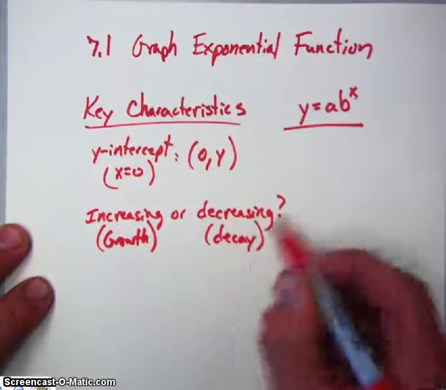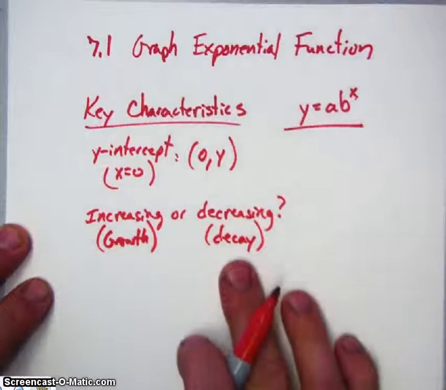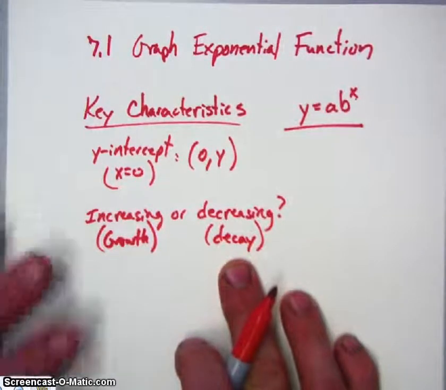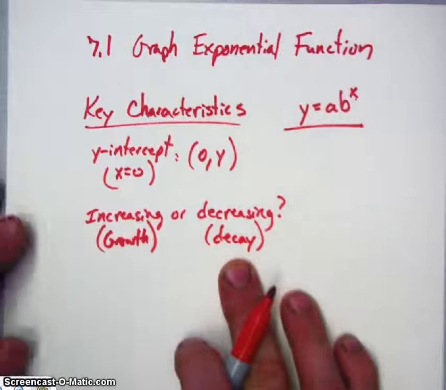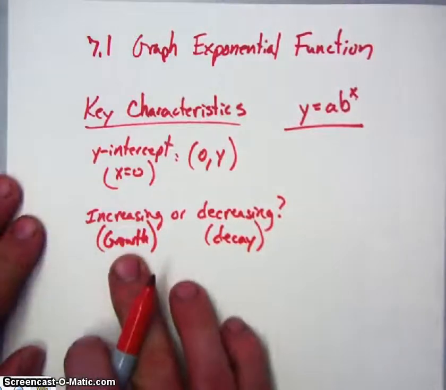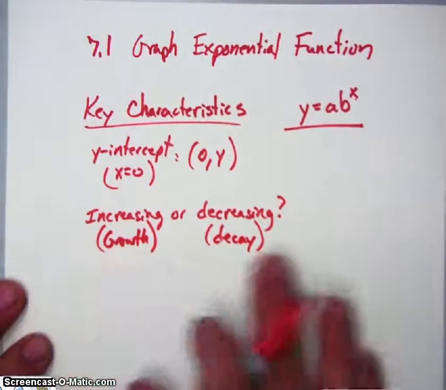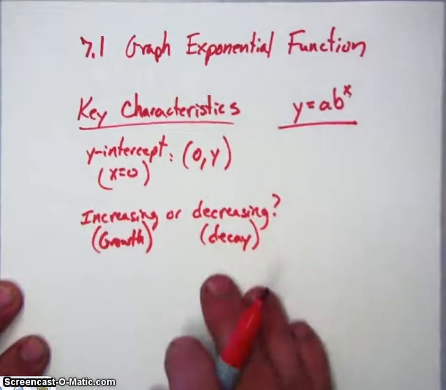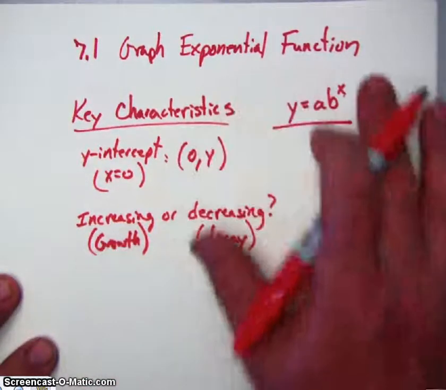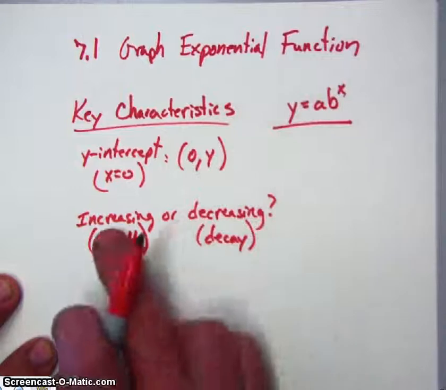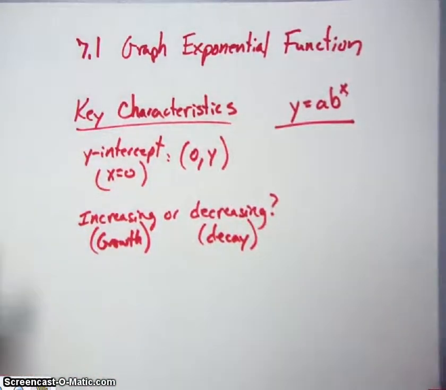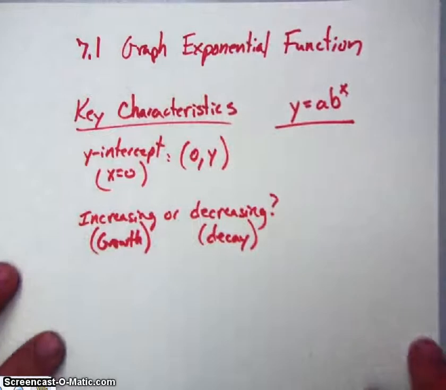You get a lot of this in chemistry, like the half-life of isotopes, bacteria that can decrease over time, or bacteria that can grow over time. A lot of chemistry has exponential functions involved, because increasing and decreasing all depends on what you are working with.